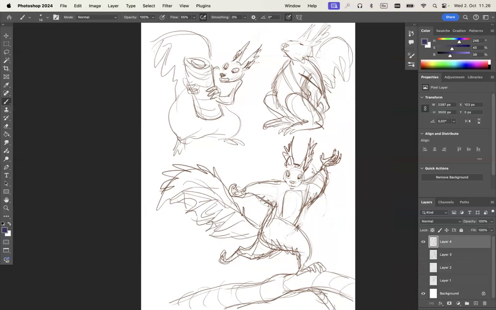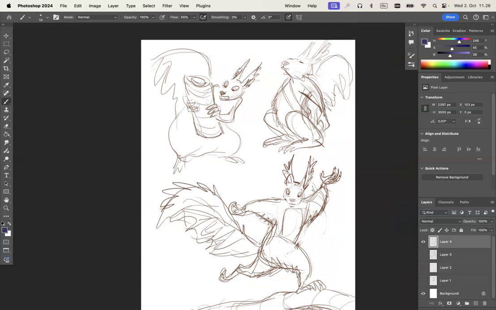And also here, I'm pretty happy with this. So I try to get human-like emotions for these squirrels, and also to simplify the shape.